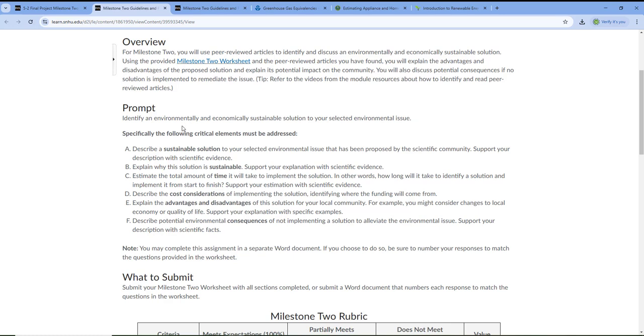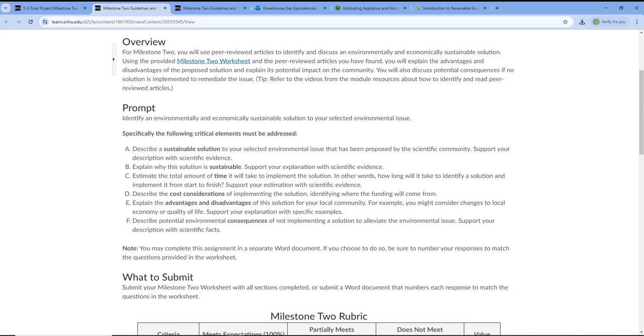Basically, you're going to identify an environmentally and economically sustainable solution. In that solution, you're going to describe the solution with evidence to support it, explain why it's considered sustainable, how much time it would take to implement it, what the cost considerations are, the advantages, disadvantages, and the consequences.